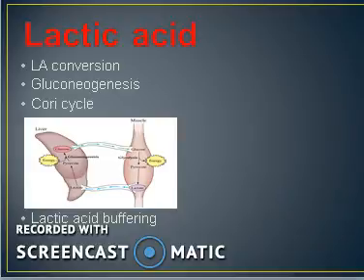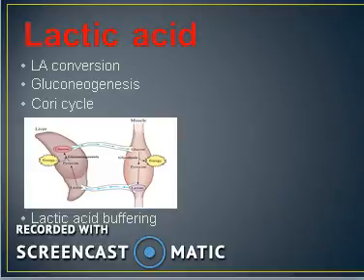The Cori cycle is a process in which glucose gets turned into pyruvic acid, which gets turned into lactic acid, and because the lactic acid is harmful to our body, the blood will take it away from our muscles to our liver, where it can get oxidized and then converted into glucose via gluconeogenesis. Gluconeogenesis is a way of producing glucose or glycogen from non-carbohydrate substrates, and then once it gets converted into glucose, that whole process will go again until not necessary.